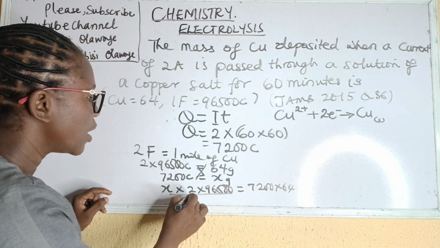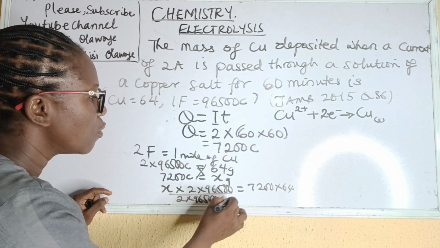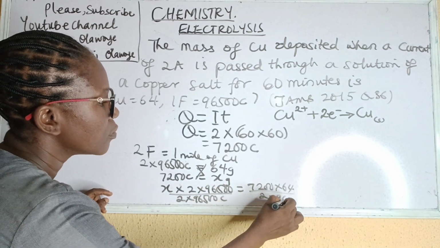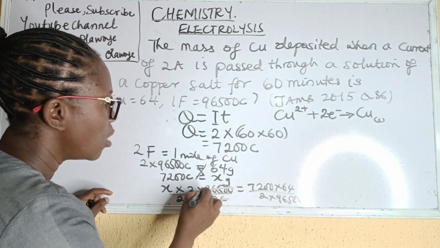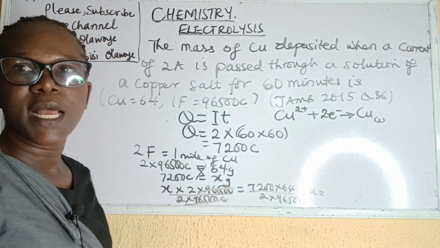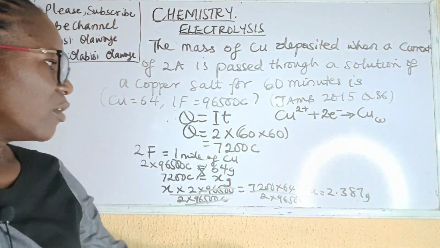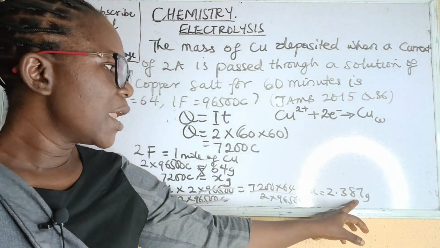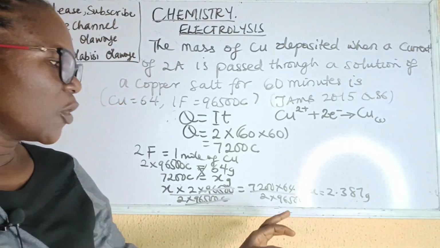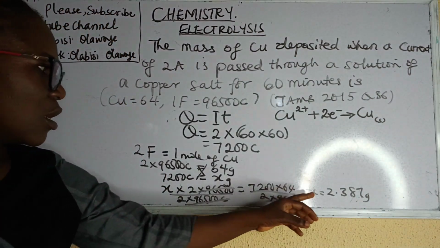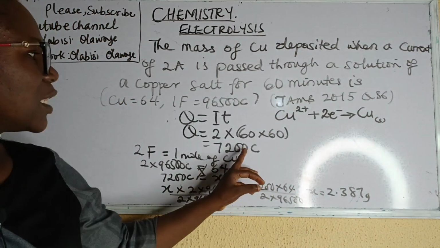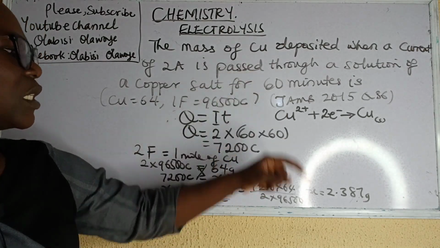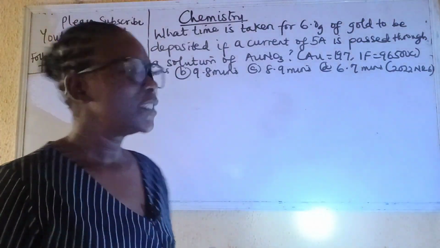Dividing both sides by 2 times 96,500 coulombs, we have our answer as 2.387 grams. So 2.387 grams will be deposited by 7,200 coulombs of electricity.